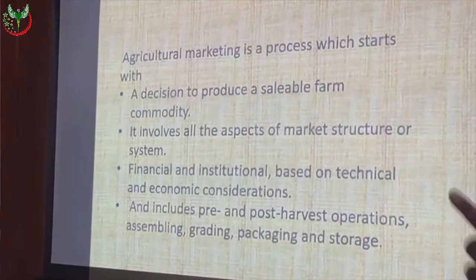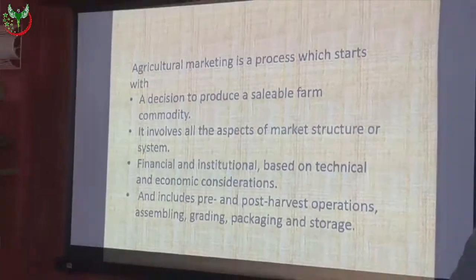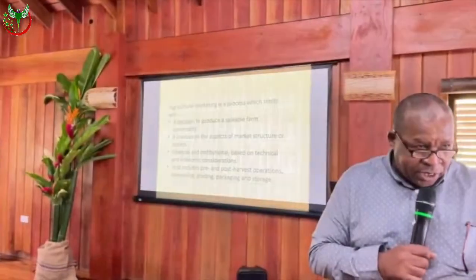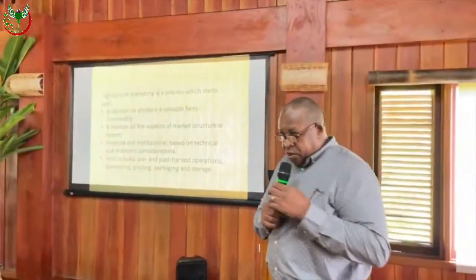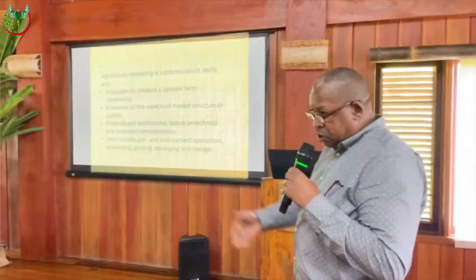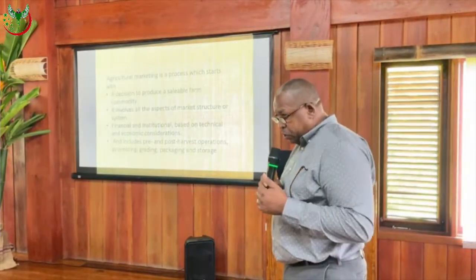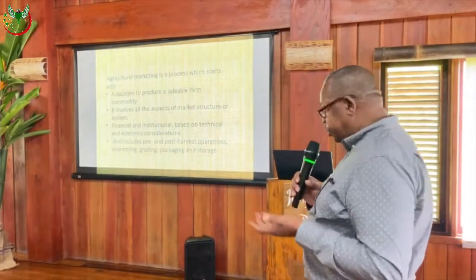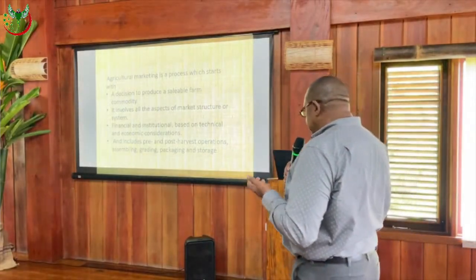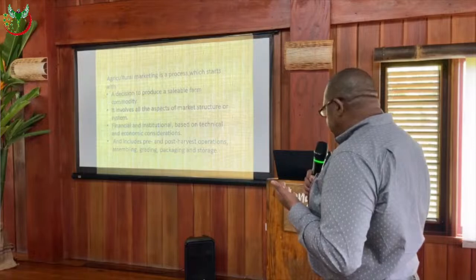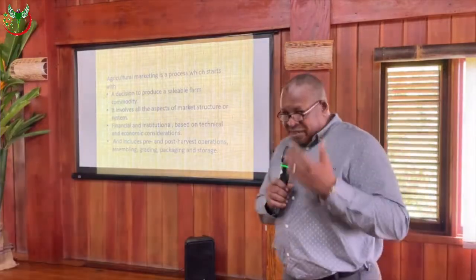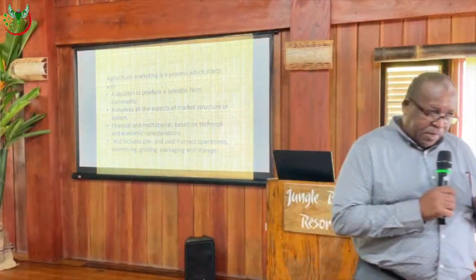Sometimes we call it chalet choosing, when you plant a small garden so that you can feed your family. But on the commercial side of agriculture, you plant it because you figure out there's a felt need for a product that you can produce to supply that person. And so it involves having a marketing structure, a system.